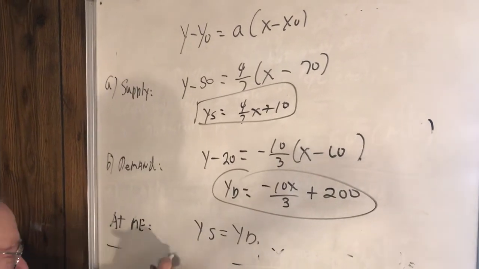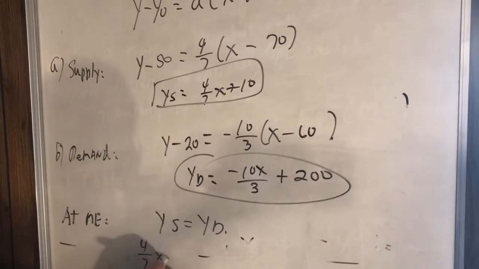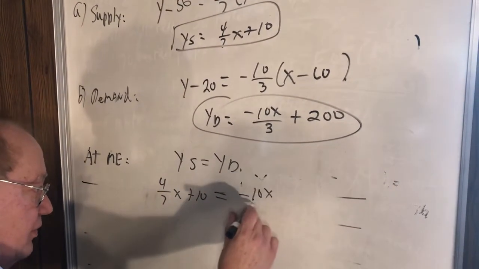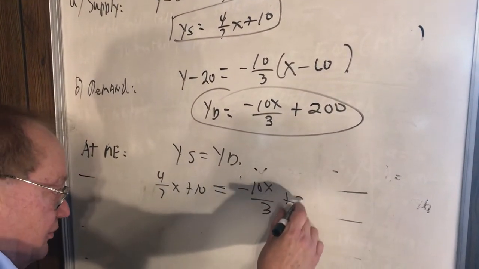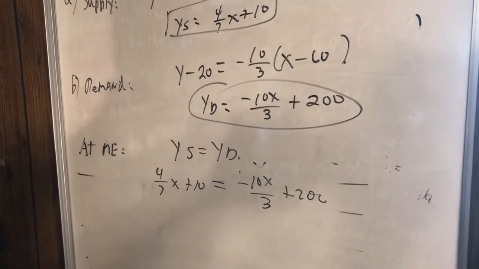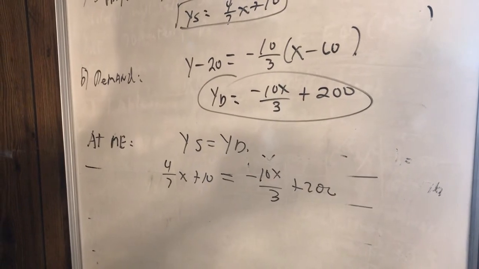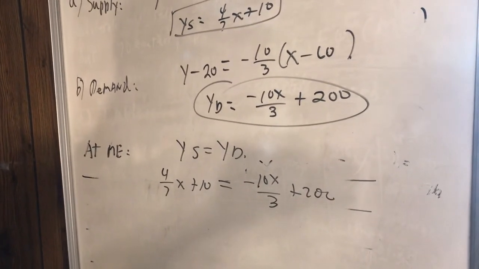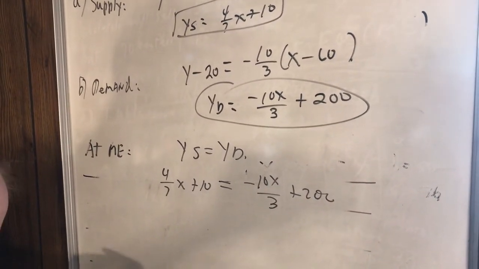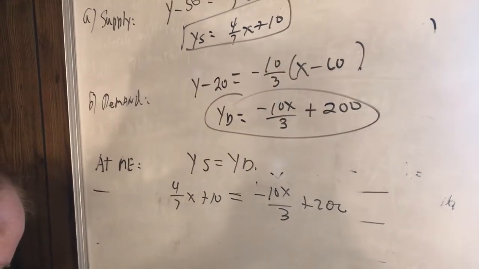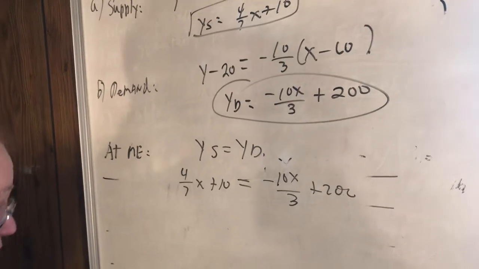So I get 4/7 x plus 10 equals minus 10x over 3 plus 200. I'm not going to solve it for you. If you want to multiply everything by 21, you can. But I get basically here x equals 53.8.